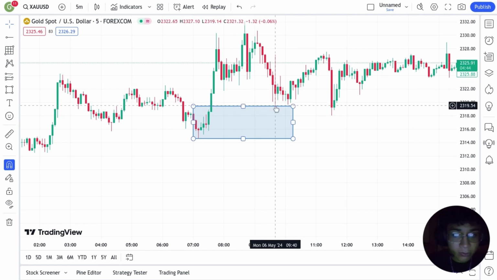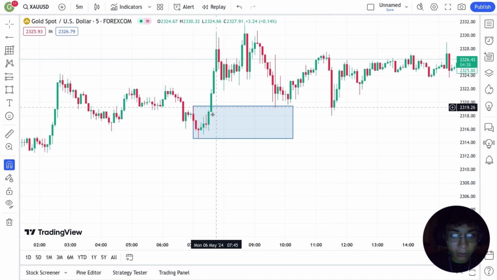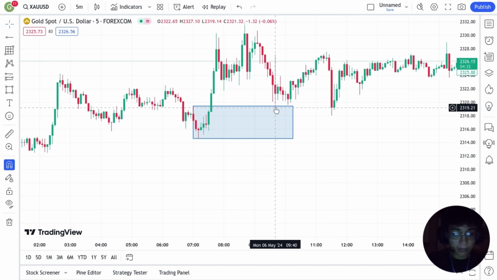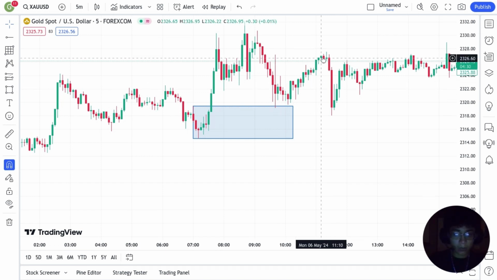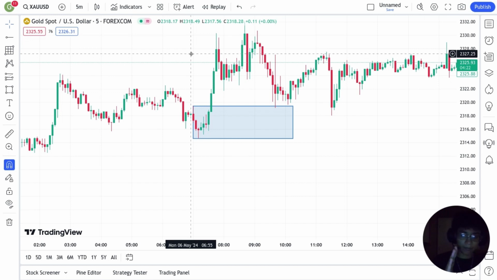And what happened when price revisited this area? Boom, market goes up. Just like over here, large orders, market goes up. Price revisits this area, what happens right after that? A move up. Simple as that. It's the move down before the move up.